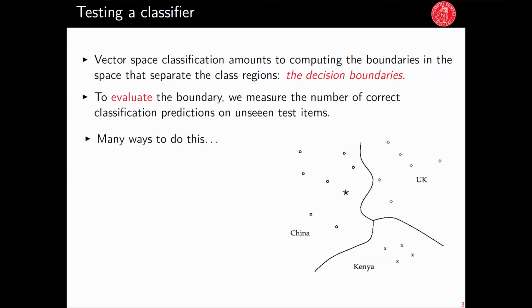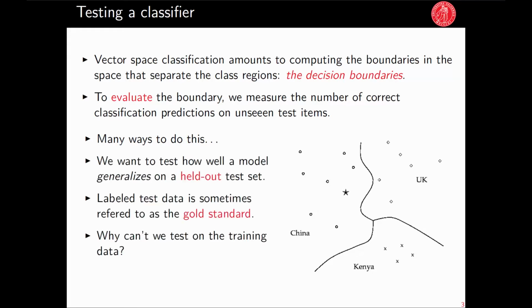But there are many different ways to do the counting, and many different ways to sort of set up a test experiment. But one important thing is that we'll need a test set. So last time we only talked about the training data. So the labeled examples were given to estimate a classifier.